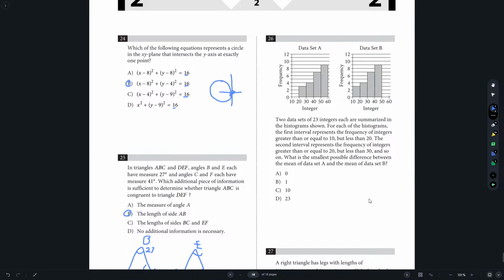The smallest possible difference, let's see. The way I'm thinking about it is that since B is smaller on average than A, we want B to be as close as possible to the right end, and we're going to want A to be as close as possible to the left end.